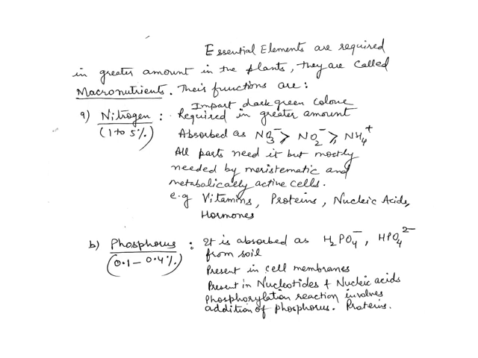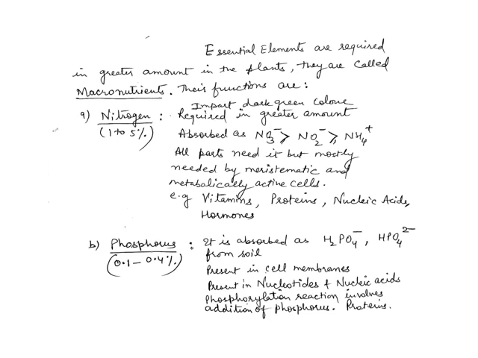Nitrogen is very essential there. For example, in vitamins, proteins, nucleic acids, and hormones, nitrogen is the most important constituent. So nitrogen is a very important macronutrient.